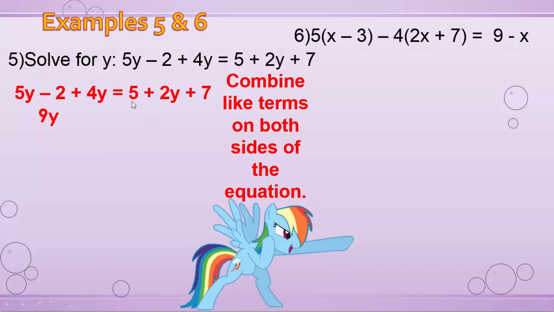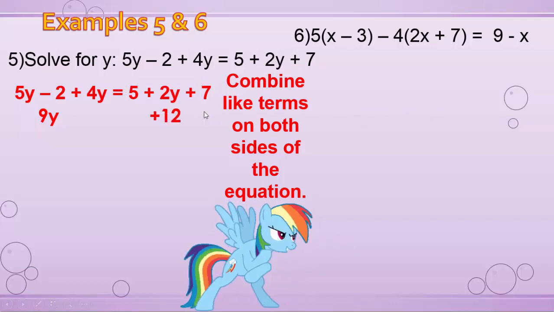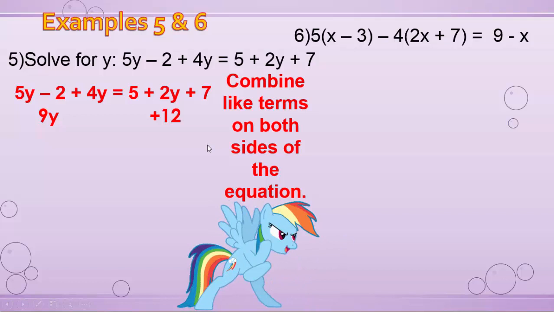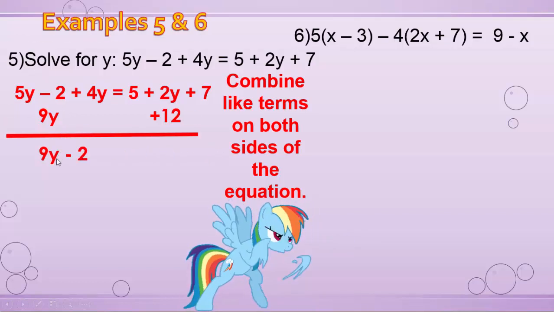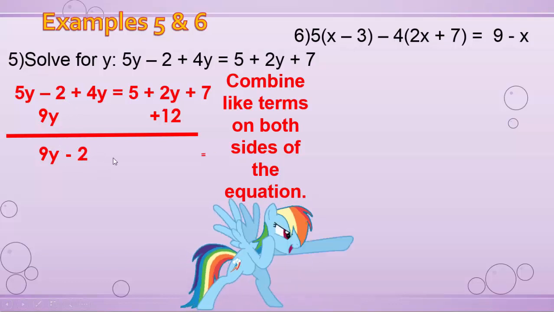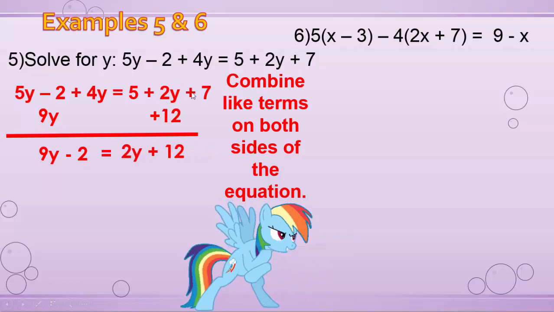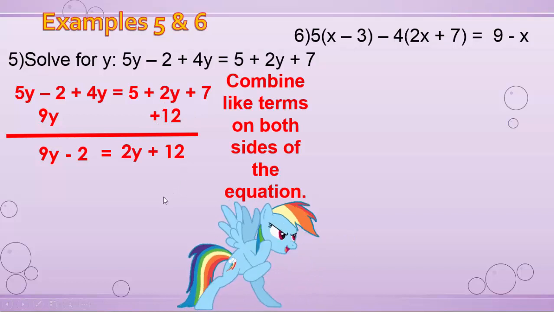On this side of the equation, we have a 5 here and a 7 here, and we're going to combine those two to give us positive 12. So we're going to bring down the 9y and bring down the negative 2 from here, and that will be equal to the 2y from here, and then the plus 12 that we combined.